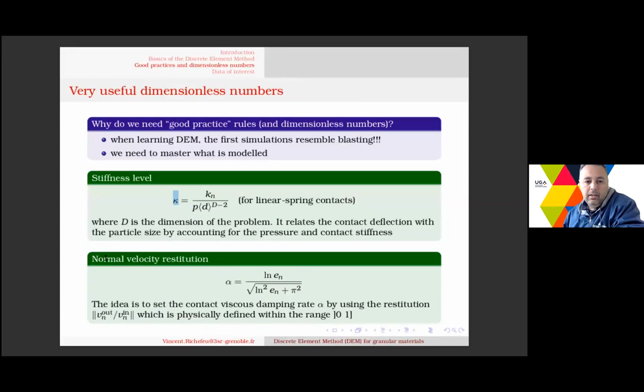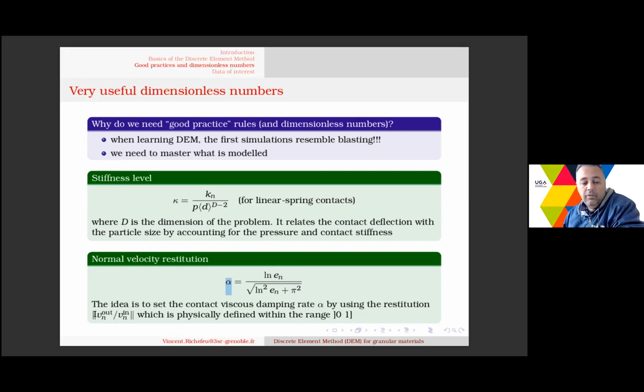Here, instead of defining alpha, which we have just seen, which is the portion of the critical damping coefficient, as a user you may prefer to define the restitution, the velocity restitution between two particles.